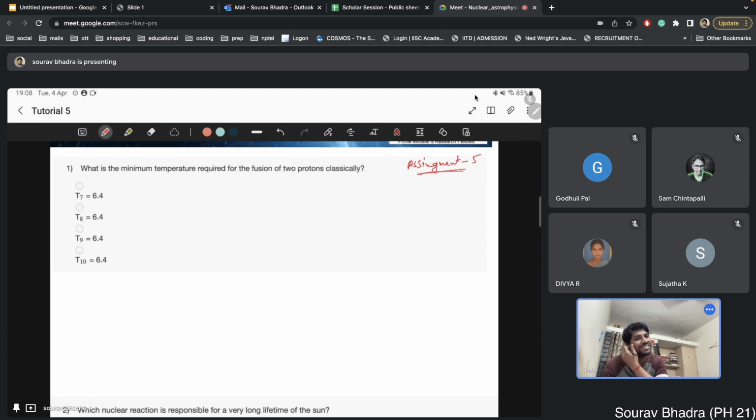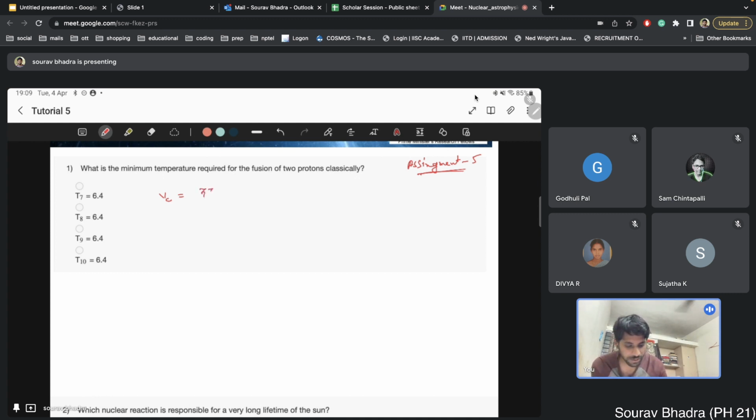Okay, so what we will do, we will first calculate the Coulomb barrier Vc, or the Coulomb potential, and we will equate the Coulomb potential or energy with the thermal energy. Then we will find the temperature which is required to overcome the Coulomb barrier.